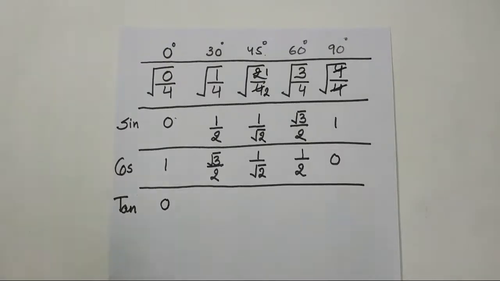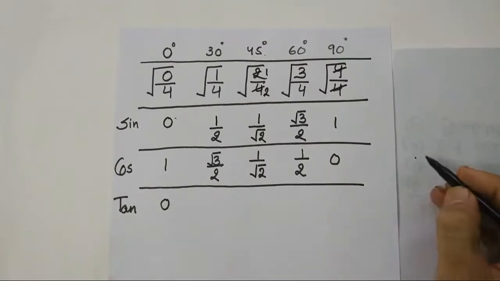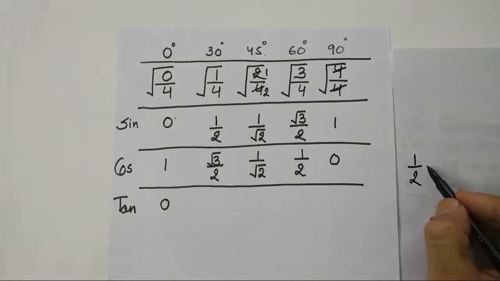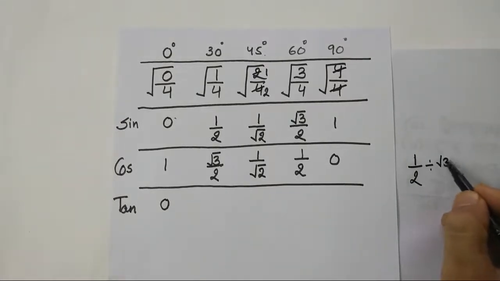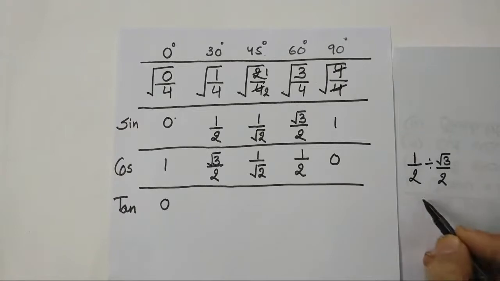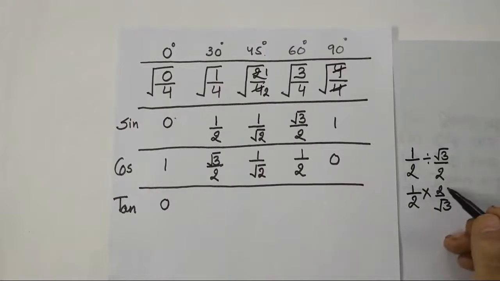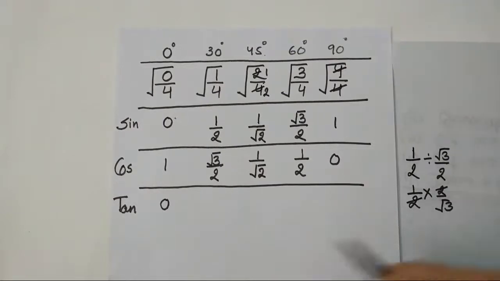It will give you a number which you can solve, and I will show you here: 1 upon 2 divided by root 3 upon 2 means 1 upon 2 into 2 upon root 3, and this 2 and 2 will cut, so your answer becomes 1 by root 3.